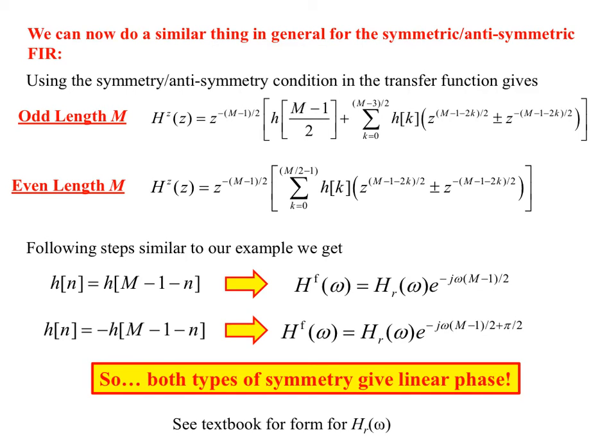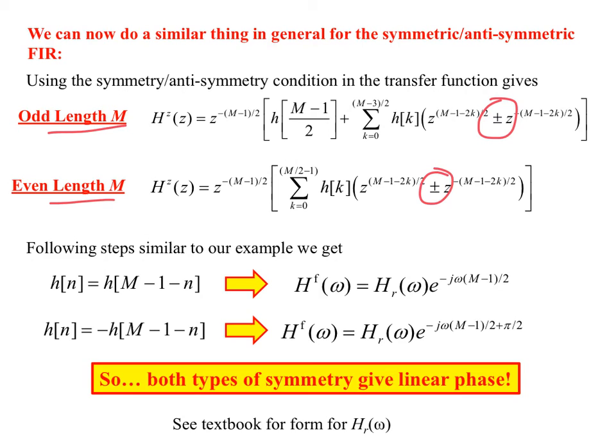And so you'll end up getting these two different cases when you have an odd length or an even length. And we're handling the symmetry or anti-symmetry through the signs there. So you have the plus sign when you have the plus symmetry, and you have the negative sign when you have the negative sign anti-symmetry.